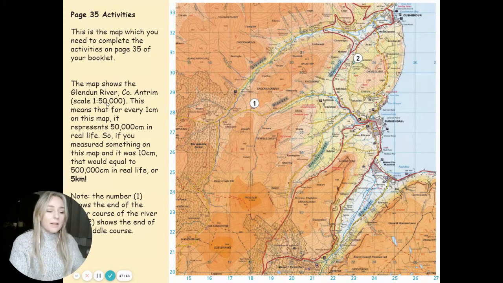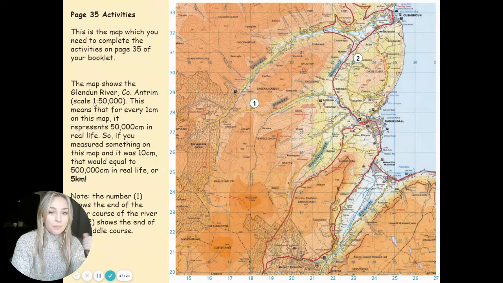It's like a ratio in maths where whatever you do to the left hand side number, you have to do exactly the same on the right hand side number. So 10 is 10 times 1, so you have to do 10 times 50,000. And that's how I've ended up with 500,000.